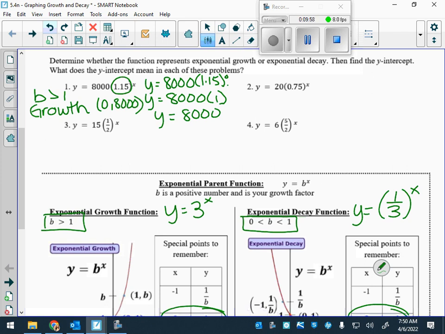So no matter what, because it's the y-intercept, just to show you algebraically, there's no movement. If there was movement, your y-intercept is not always going to be that first value, and we're going to see that. So when in doubt, you always plug in 0 for x to find your y-intercept.